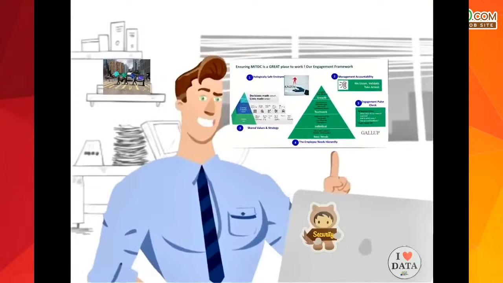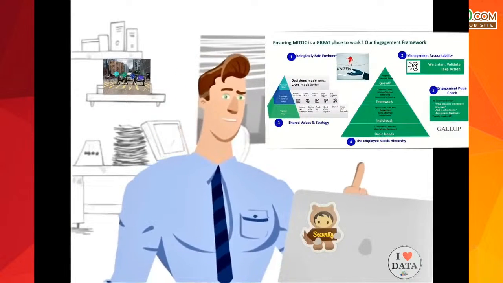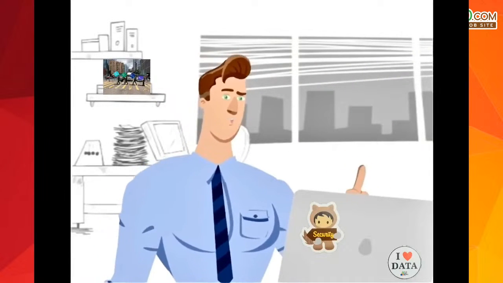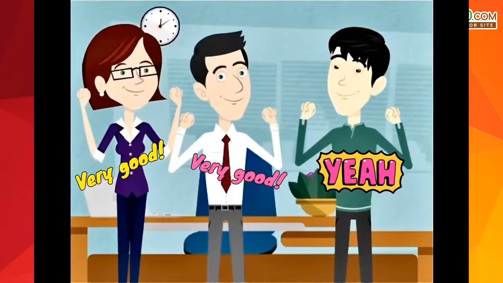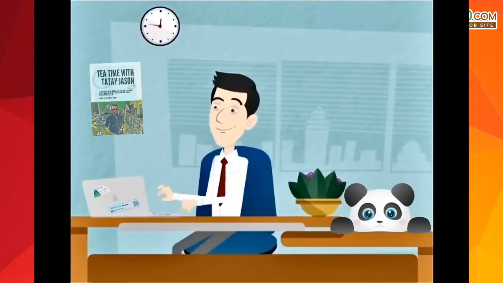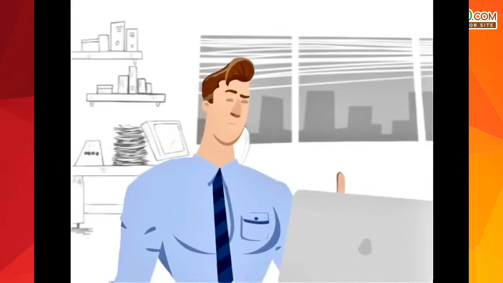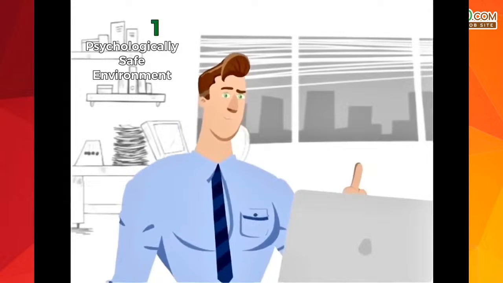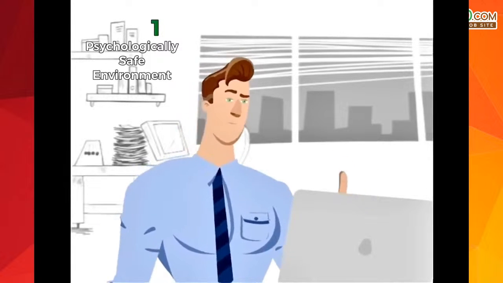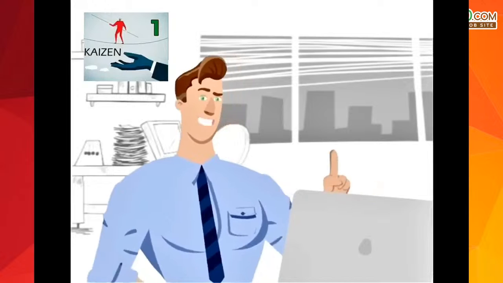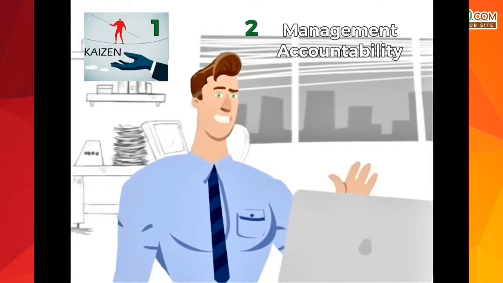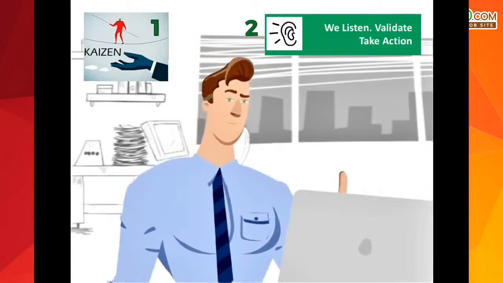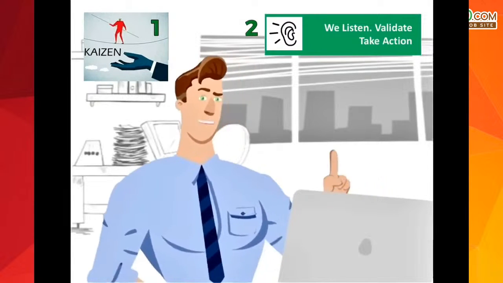Today, I'd like to introduce our high-performing team engagement framework. It is key to ensuring that MIT-DC is an enjoyable, rewarding and productive place to work. The framework is made up of 5 key elements. 1. A psychologically safe, accountable and productive environment, powered by Kaizen. 2. Management accountability, leaders listening and taking action on your feedback. 3.